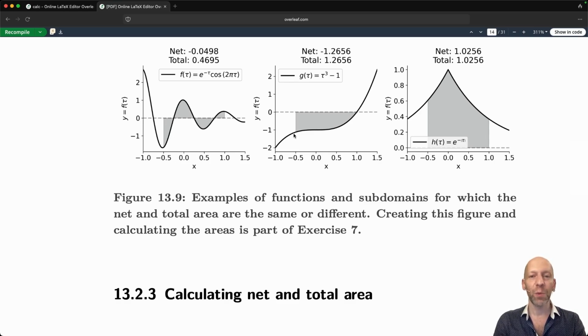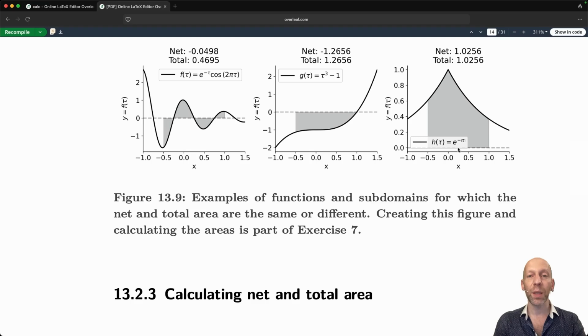Okay, here we have a case where the function itself takes on both negative values and positive values, but inside the bounds of integration, there are only negative function values, and therefore the net area and total area are the same magnitude but different sign. And of course, this is negative because we have negative function values. And then over here, we have the opposite. So we have the net and total area are the same because the function only takes on positive values within the integration window.